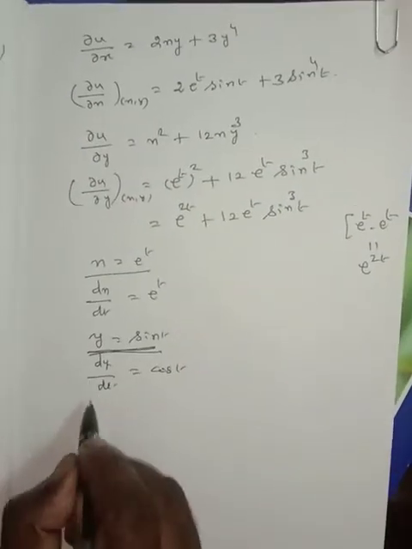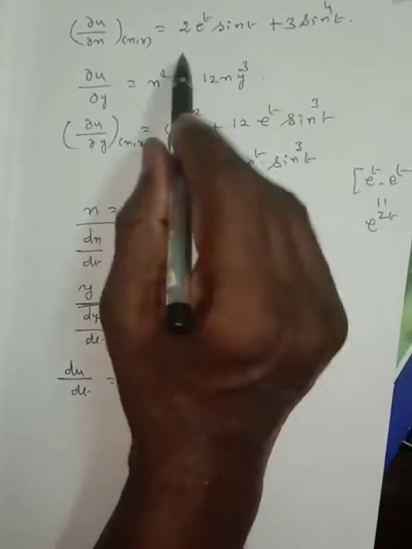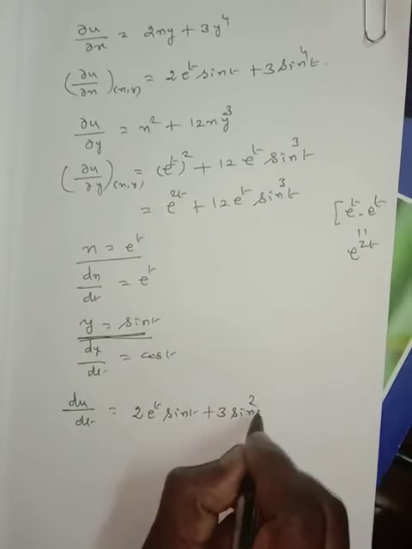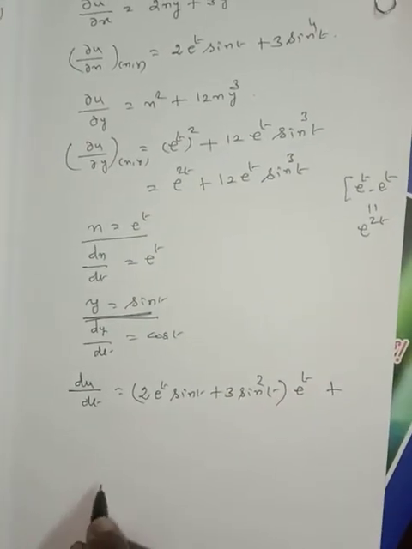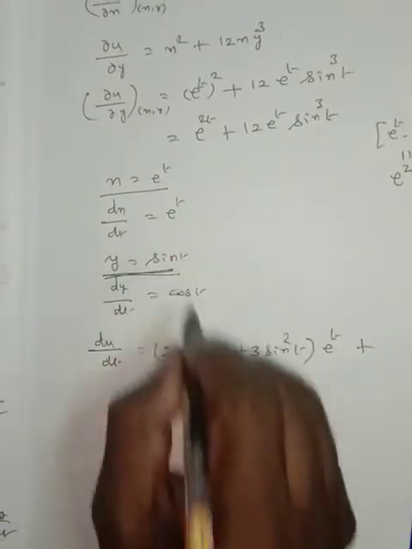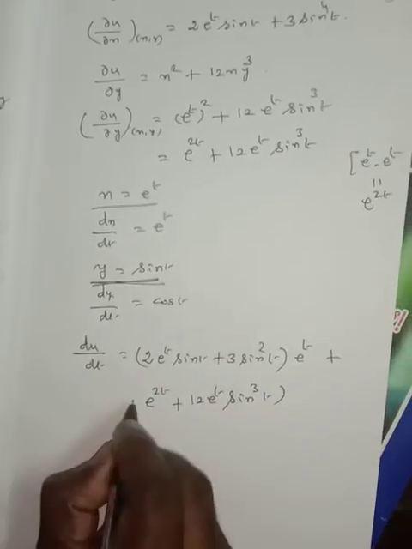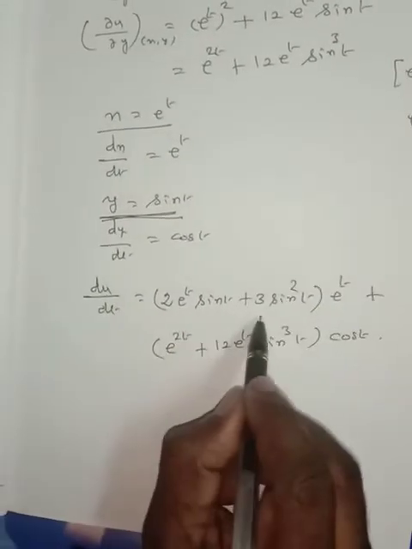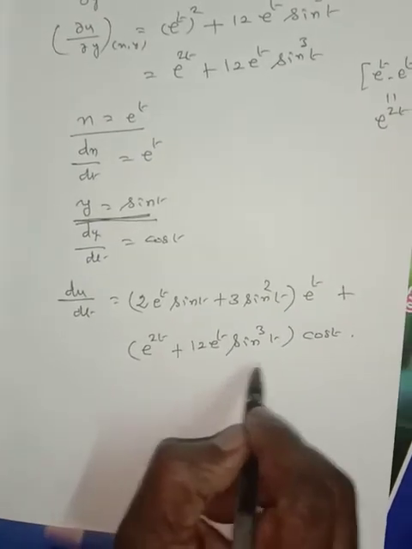Now du by dt is equal to first dou u by dou x, which is 2 e to the power of t sin t plus 3 sin squared t, into e to the power of t, plus next dou u by dou y, which is e to the power of 2t plus 12 e to the power of t sin cubed t, into cos t.